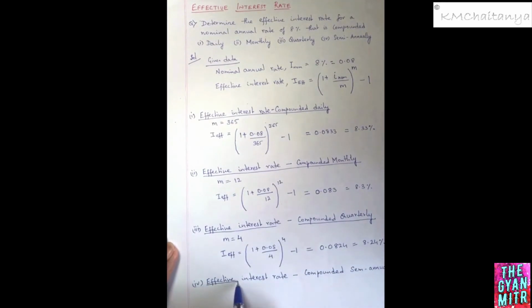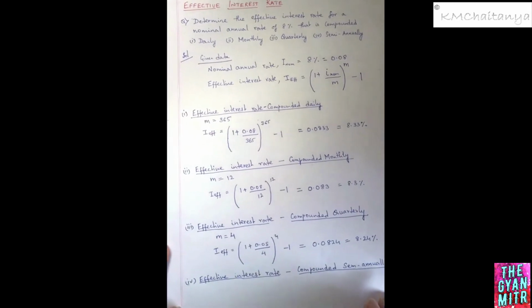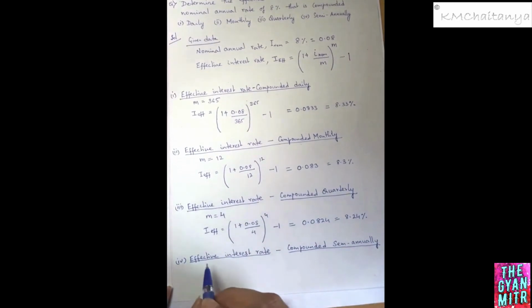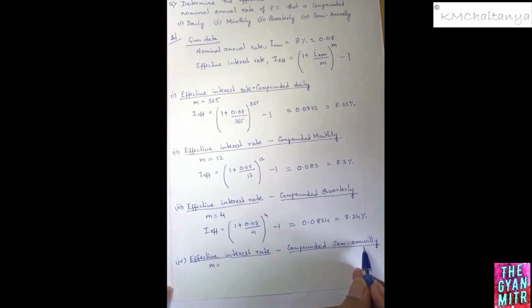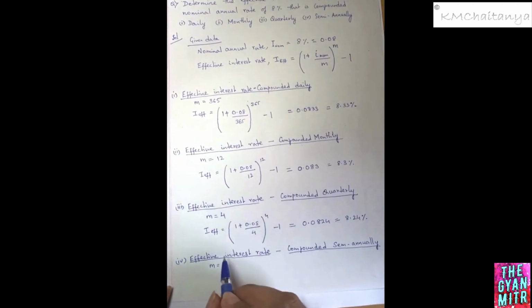So I will now determine the effective interest rate if the given nominal interest rate is compounded semi-annually. Now for this, the value of m will be, so semi-annually is nothing but half yearly. So the value of m will be 2.